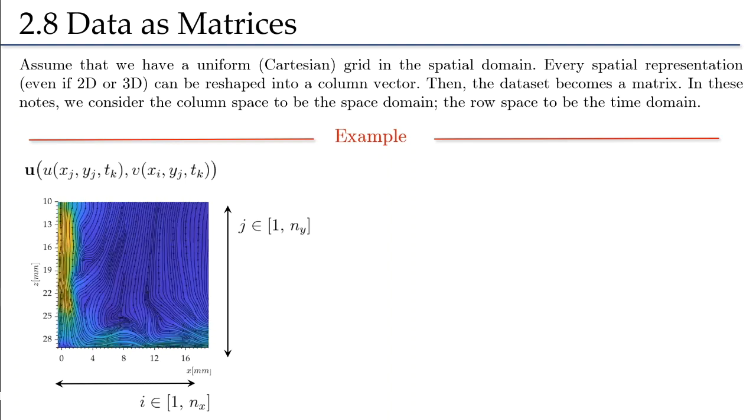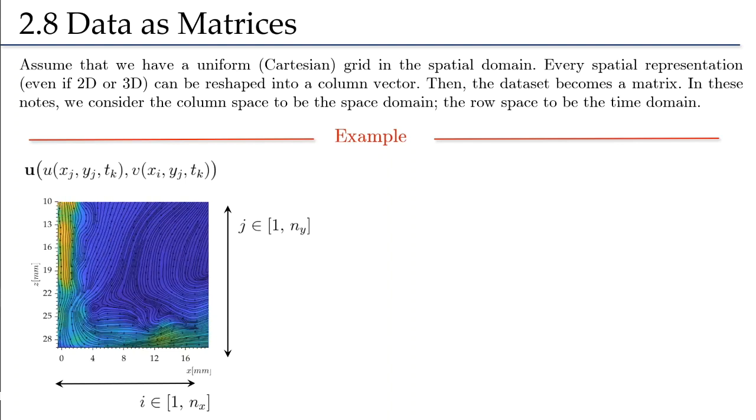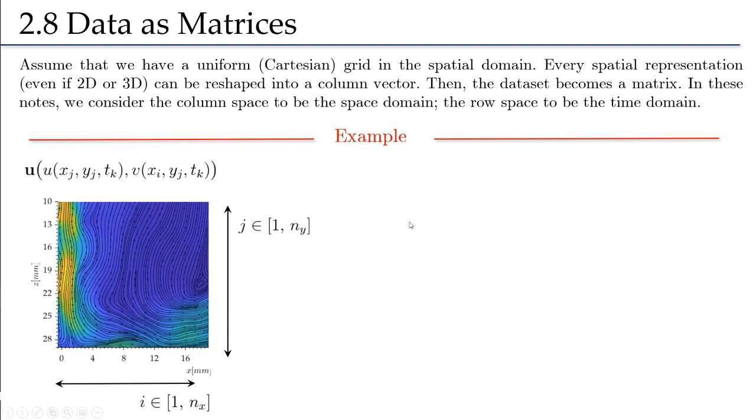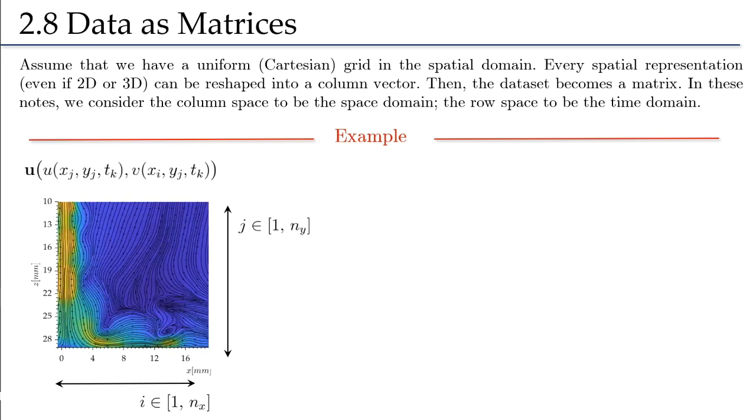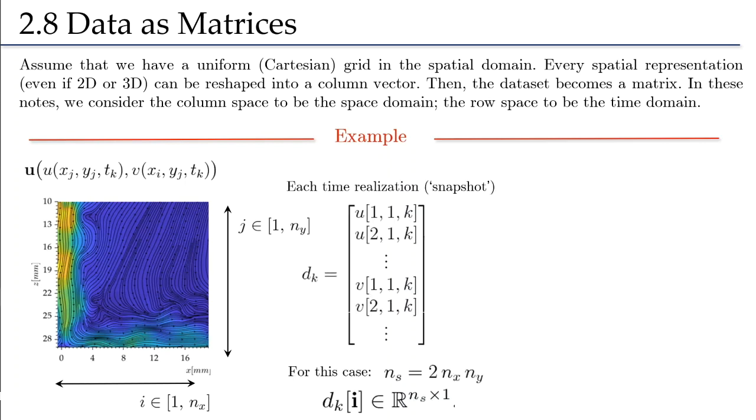If you look at one specific time step, how many degrees of freedom do you need to univocally define the step? Well, you need 2 times nx times ny because you have two components. So if this was a scalar field, you would have nx times ny, and if this was a 3D volumetric PIV, then you would need 3 times nx times ny.